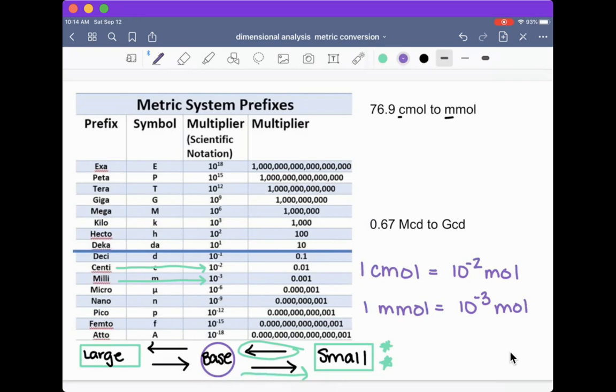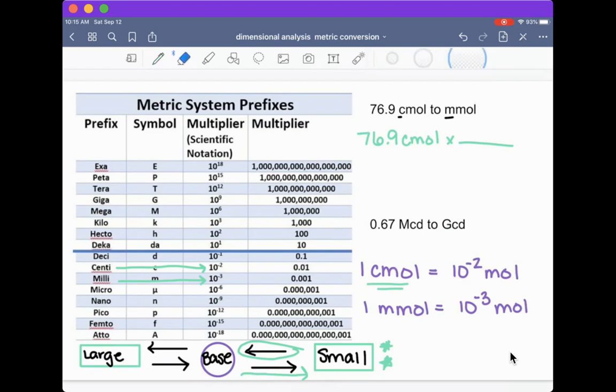All right, so our first step when we approach these problems is always the same. We're going to write down the given information. And I'm going to write, let's see if I can write small enough to fit it all here. All right, so our first fraction, we have the centimole on top. So that means that this right here is going to have to be the denominator so that we can cancel out that unit.